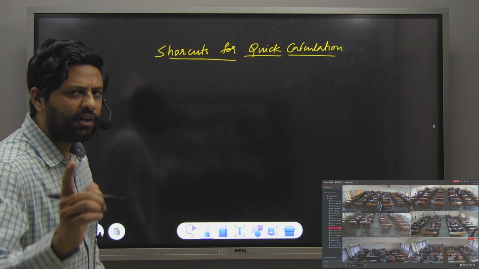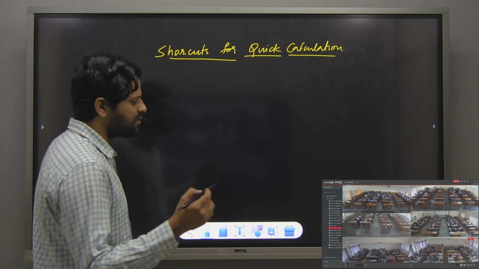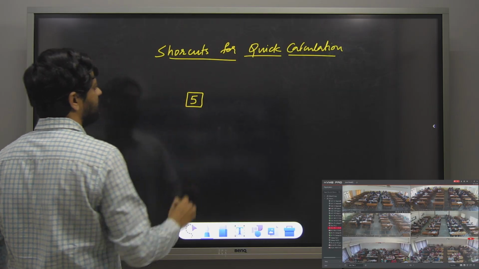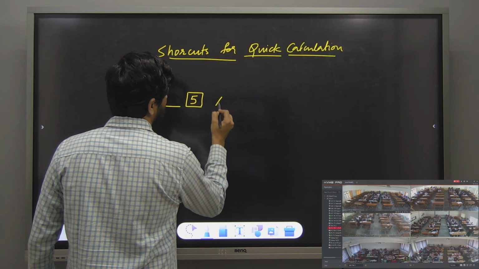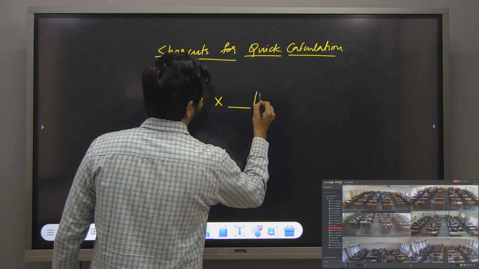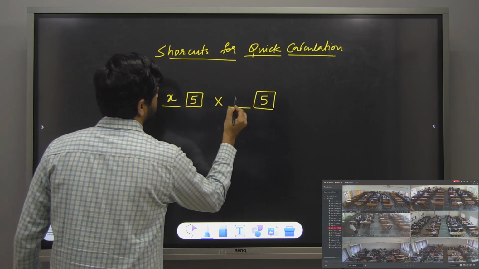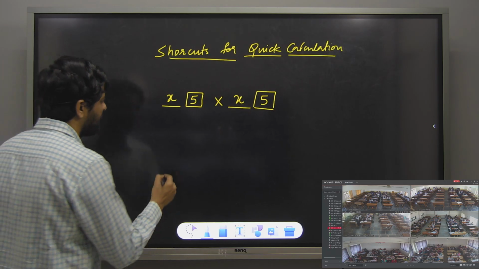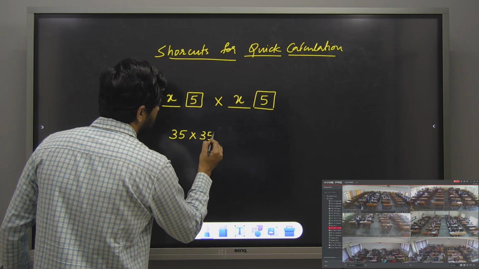Now, whenever you come across numbers whose units place is 5, and I am multiplying it with the same number, say this is also x, this is also x. For example, I'm multiplying 35 into 35.